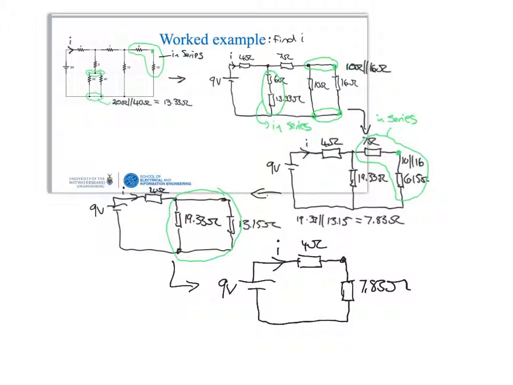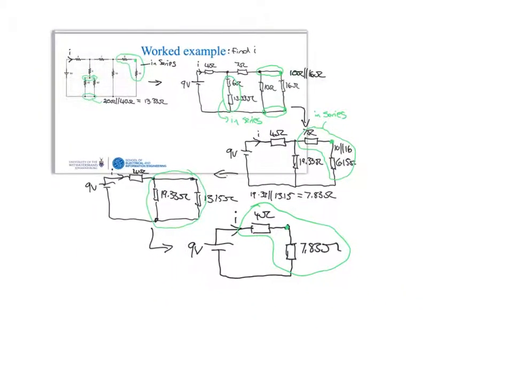And now you can see that these two are in series because they share that node and they don't share it with any other element. So finally, our circuit can be reduced to this, a 9-volt battery with the current I and 4 ohms plus 7.83 ohms, which gives us 11.83 ohms.